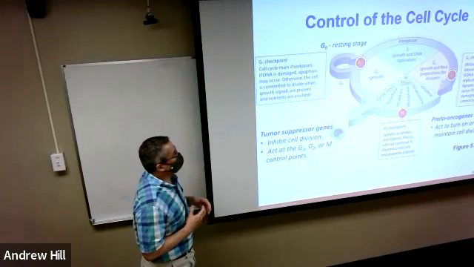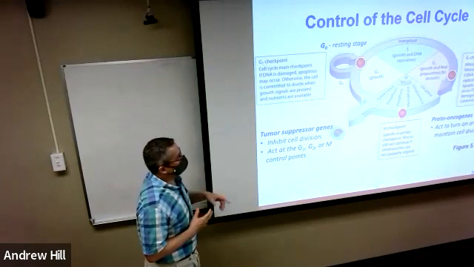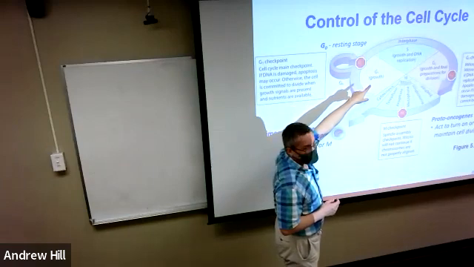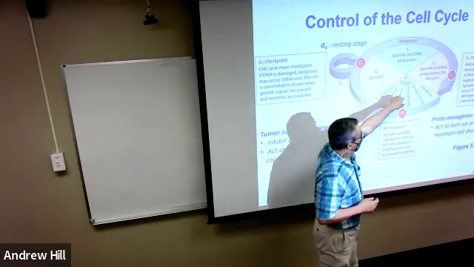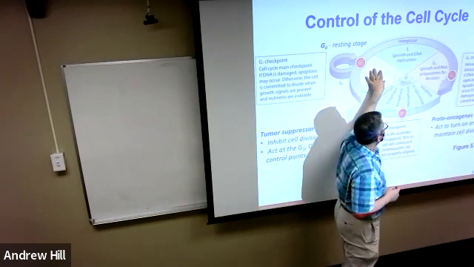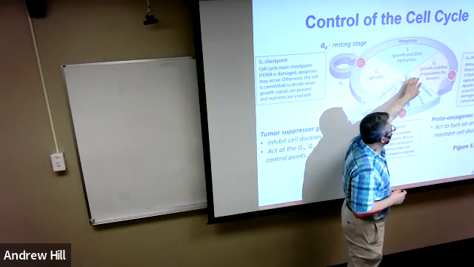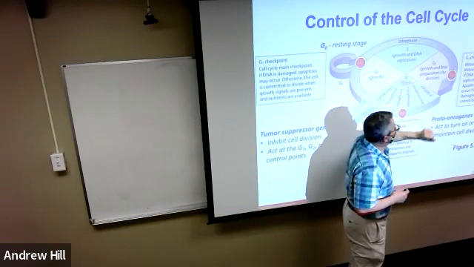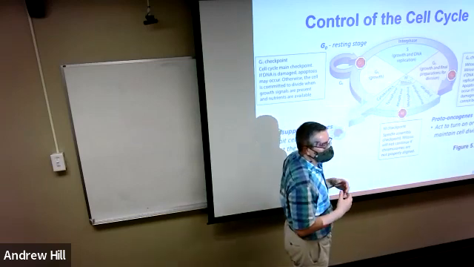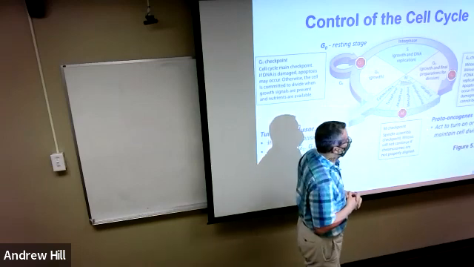Otherwise, the cell is committed to divide when growth signals are present and nutrients are available. Now it's going to go on. We have the S phase where DNA is replicated. S stands for synthesis. And the G actually stands for gap, but there's a lot going on. They're essentially growth phases. G2 phase is growth and final preparations for division. Remember, we're going to need a lot of microtubules for making the spindle fibers and so forth.